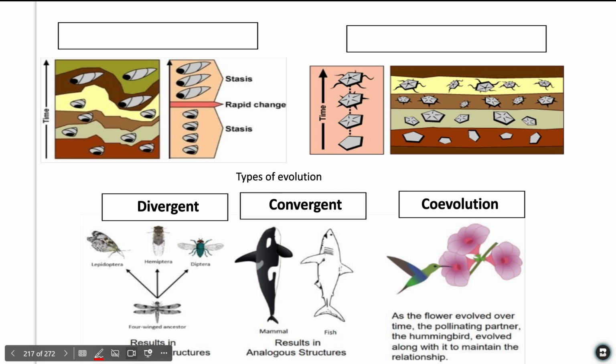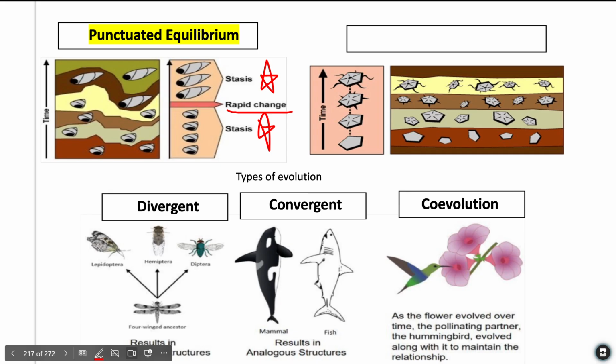All right, back to page 18 now. In fossil records, again, we see examples of how fast evolution happens. On the left, we have punctuated equilibrium. Notice keyword here, put a little star next to that word stasis. And then rapid change, underline rapid change. We see that the fossils remain in stasis.